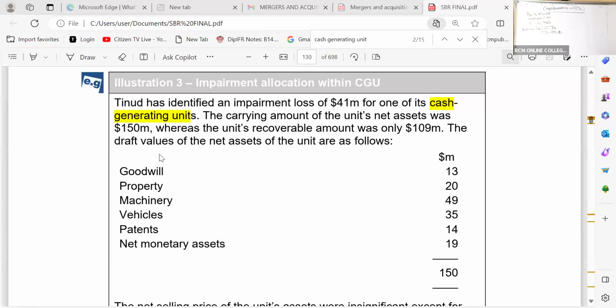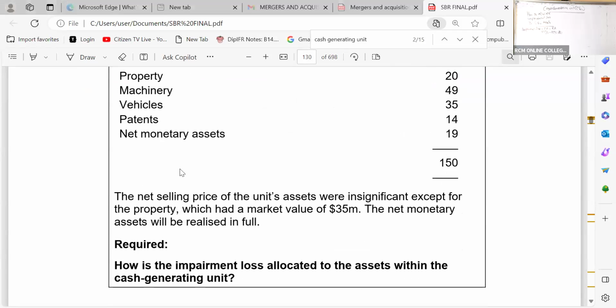Now, ladies and gentlemen, they're telling us here that the draft values of the net assets of the unit are as follows. I can see goodwill. If this CGU is impaired, it should not be having that goodwill. I'll knock this goodwill down. You're told here that the net selling price of the unit assets were insignificant, except for the property, which had a market value of 35 million.